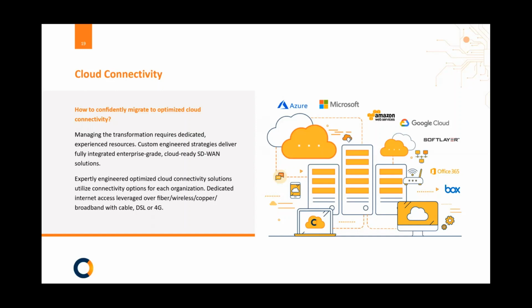Sometimes for some customers, they usually ask, okay, I don't have broadband at one of my sites. Okay, you can use 5G. We can offer underlay technologies in that country.